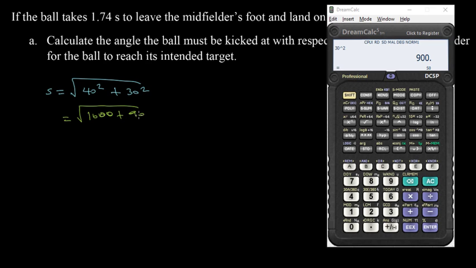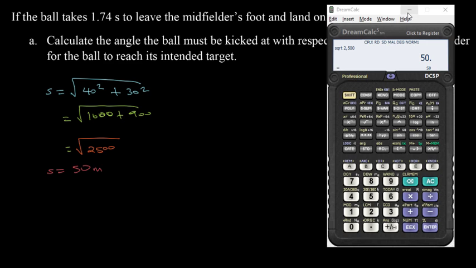When we add these two together, we get 2500. So S is equal to the square root of 2500, which is 50 meters.